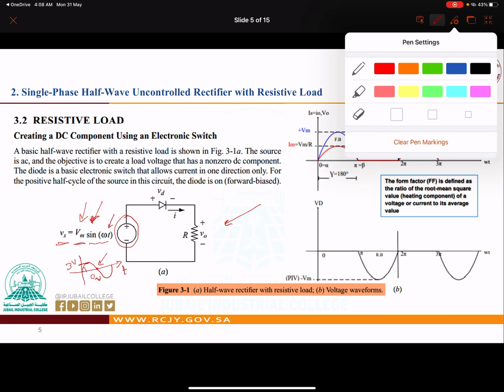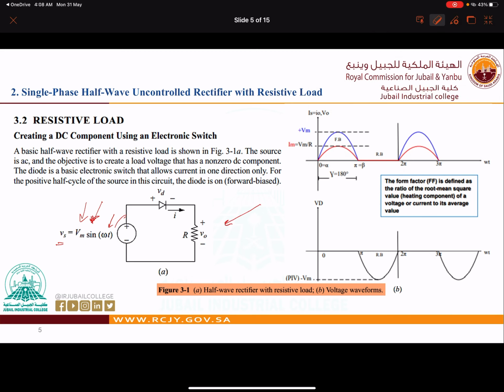Now we have a diode here, right? And we know from electronics that the diode is made of silicon, and it has an anode here and a cathode here.